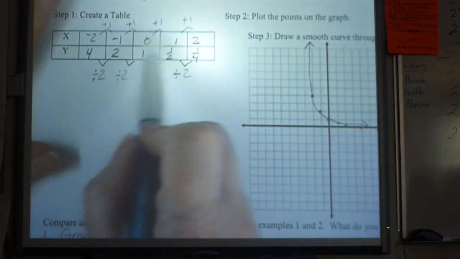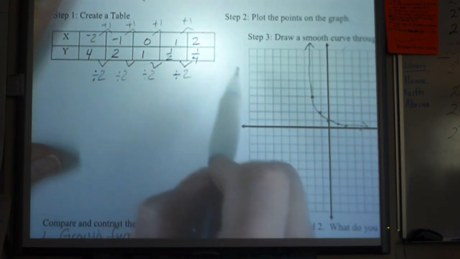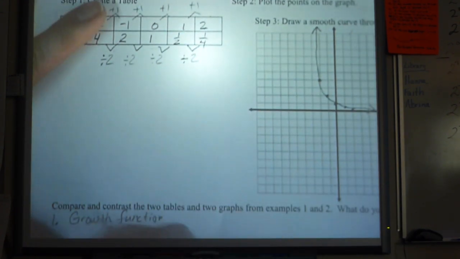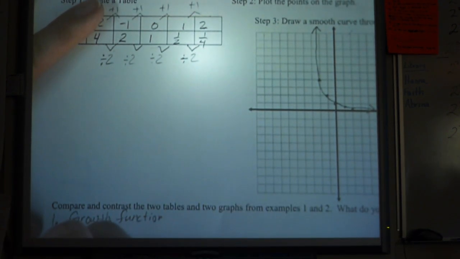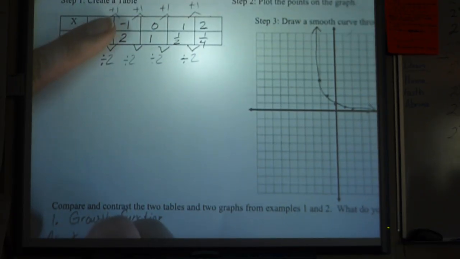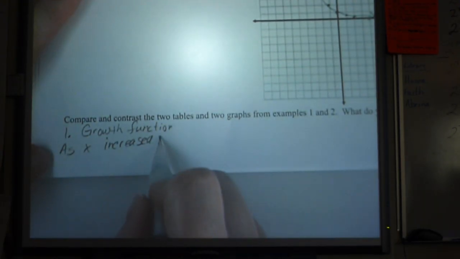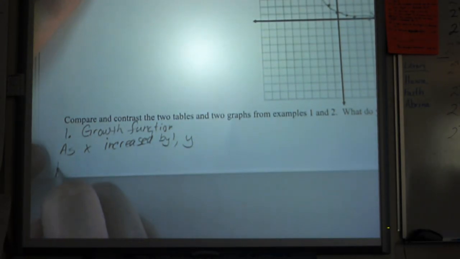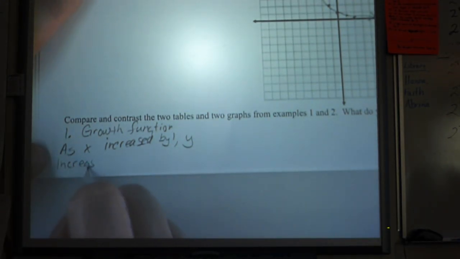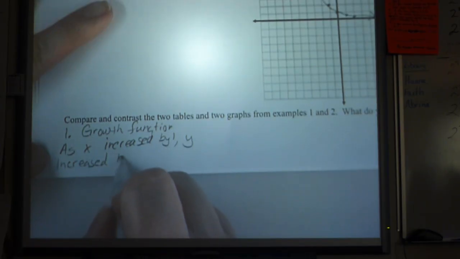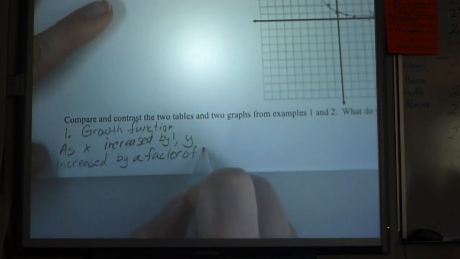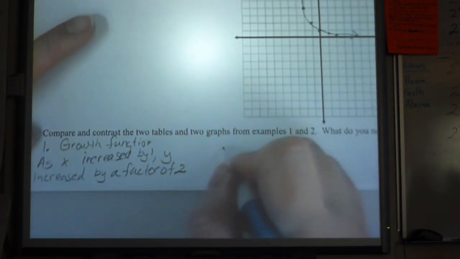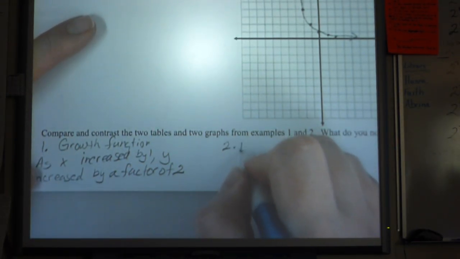As x increases by 1, y decreased by a factor of 2. So number 1 is a growth function. As x increased by 1, y increased by a factor of 2. And number 2 is a decay function.